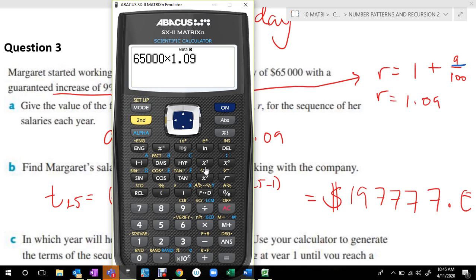To the power of 24. What did I have then? So if I put 25 minus 1, it should still be right. Maybe a calculation error. Maybe I put the wrong numbers in.